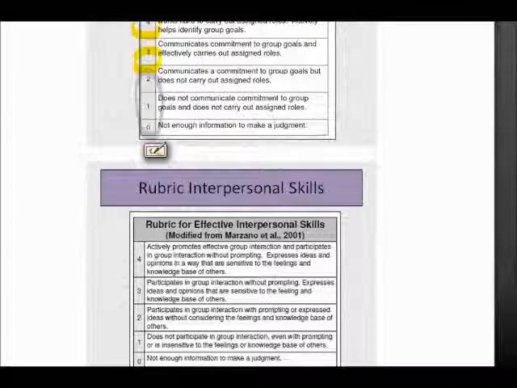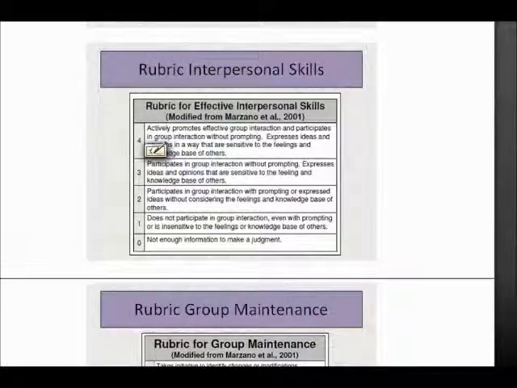The next one that we had talked about, and we're just reviewing here briefly, is the rubric for interpersonal skills. So are you actively, as a group, promoting effective group interaction and participating in group interaction without prompting? Meaning you just jump into it, you know what you need to do, or if you don't, you make sure that you ask questions, but you don't fumble around saying, oh, well, what are we supposed to do?